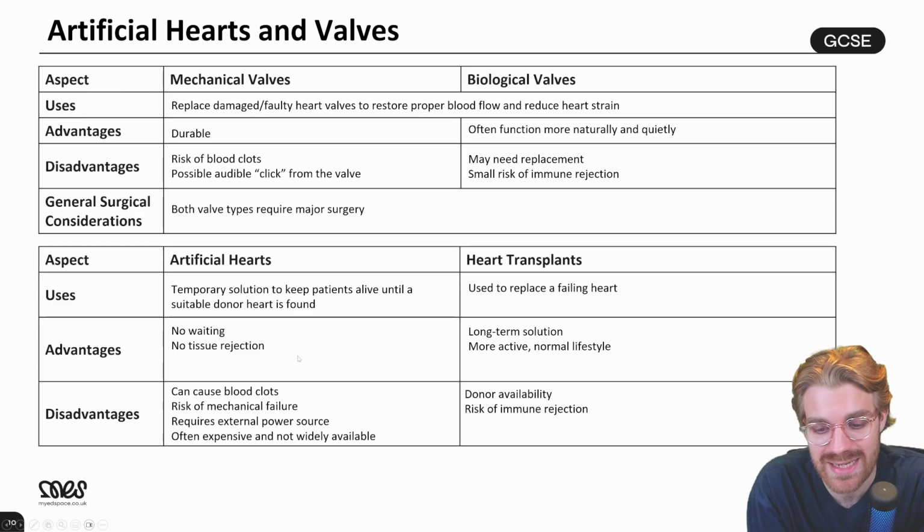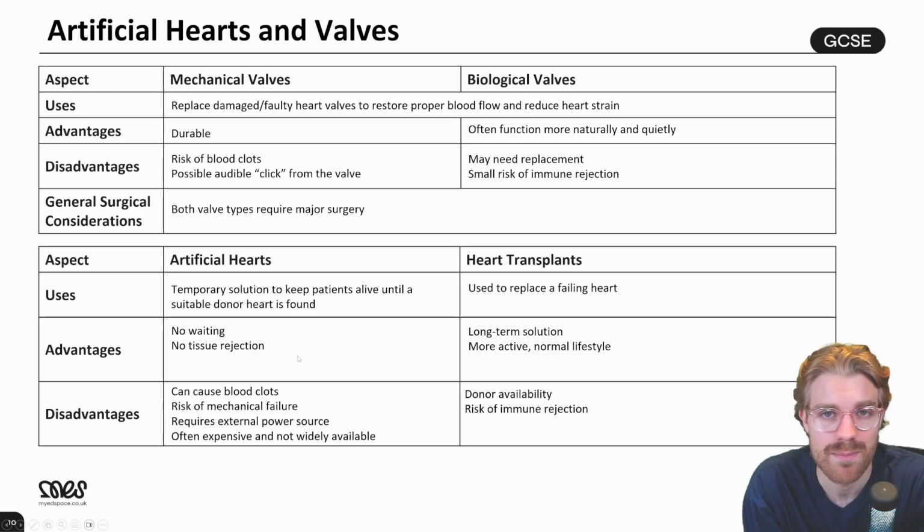There's often a waiting list for the heart transplants because a transplant can only take place when a suitable donor has become available. And because it is someone else's cells that are being transplanted into the patient's body, there is a risk of immune rejection as a result, and the person would have to take immunosuppressant drugs.